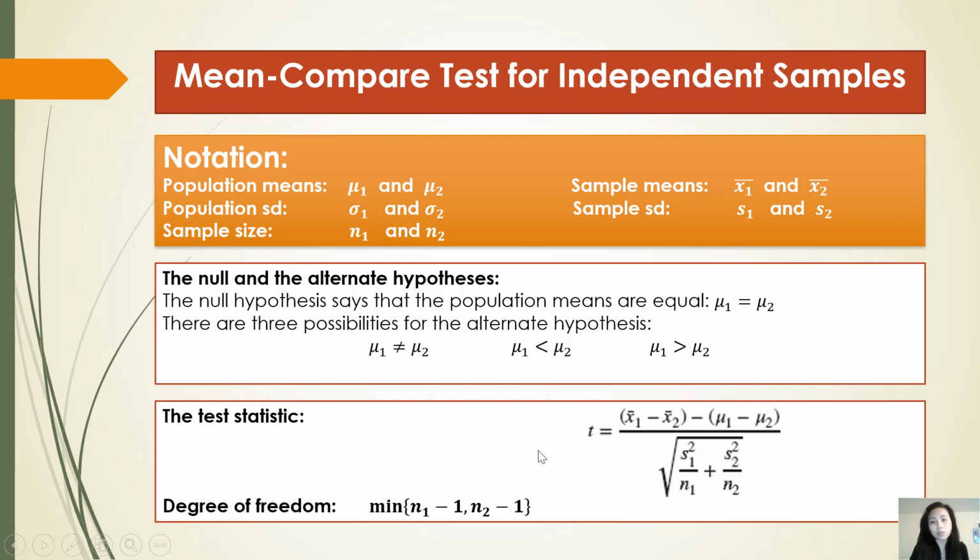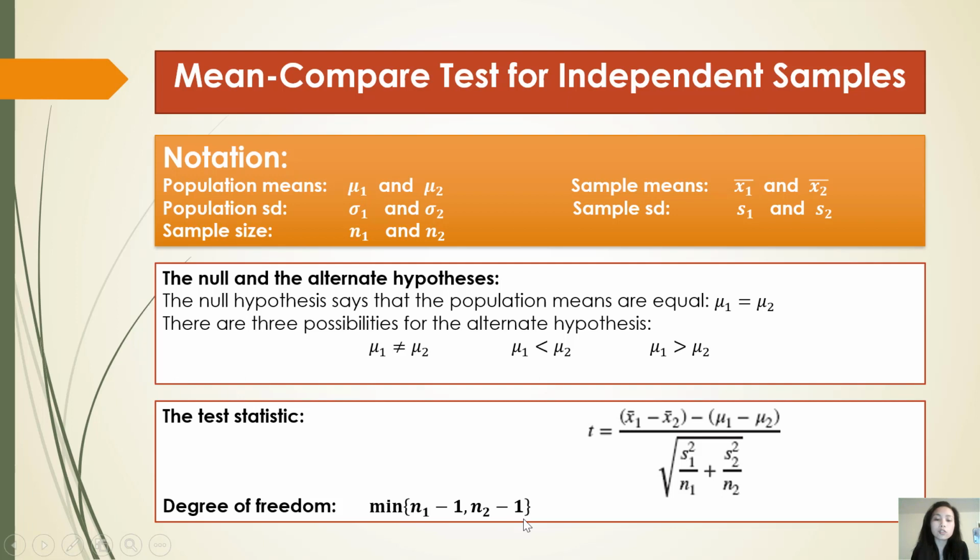For two independent samples, we actually have a more accurate formula to compute the degrees of freedom. However, that formula is too complicated to be used. So for convenience, we use this simple formula to find the degrees of freedom. In the simple formula, we find the minimum between n1 subtract 1 and n2 subtract 1.